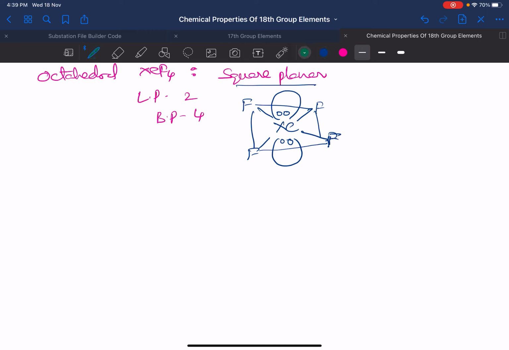And next is xenon hexafluoride, XeF6. This hybridization is sp3d3. So it has 1 s orbital, 3 p orbitals and 3 d orbitals. Totally 7 orbitals are present. According to these 7 orbitals, the structure should be pentagonal bipyramidal.